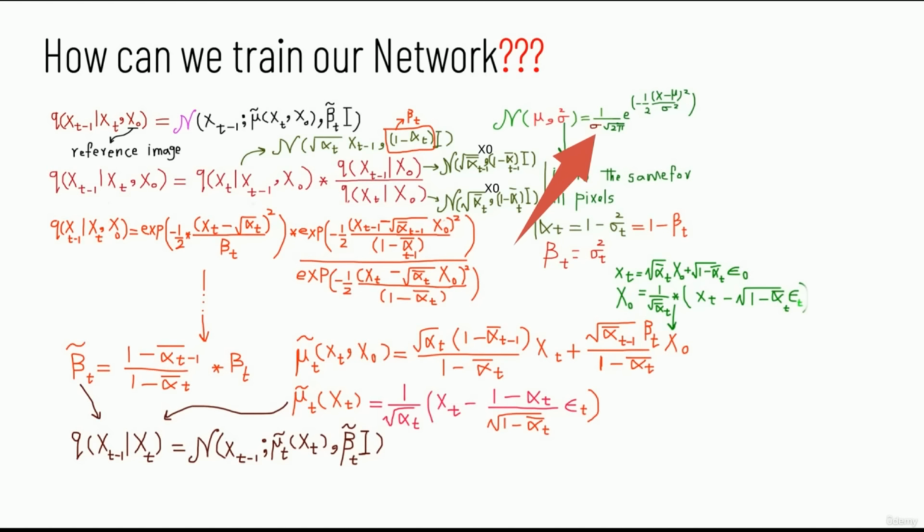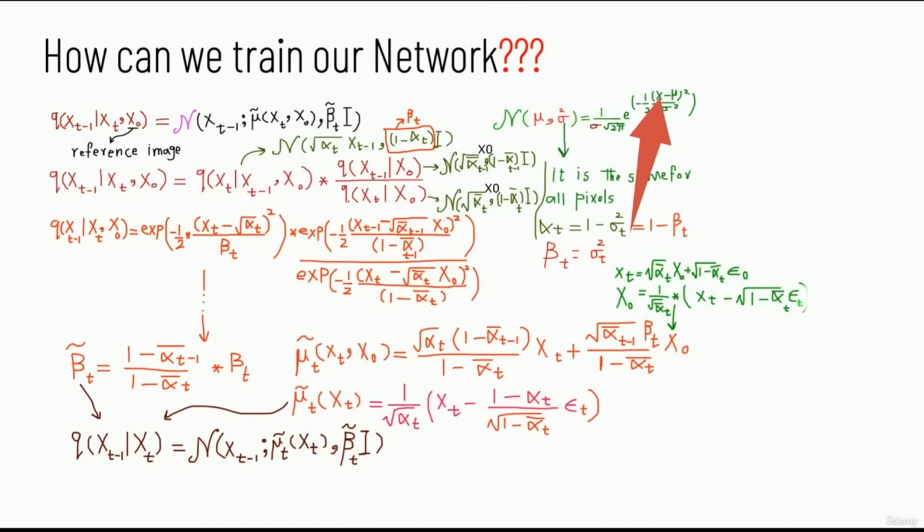This equation here represents any Gaussian distribution. So if we have a Gaussian distribution with a specific mean and a specific variance, it is equal to 1 divided by the standard deviation of this Gaussian distribution times the square root of 2 times pi, times exponential raised to the power of minus 1 divided by 2 times x minus the mean of this distribution squared, divided by the variance of this Gaussian distribution.